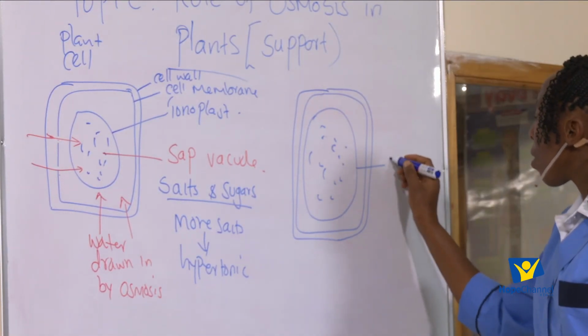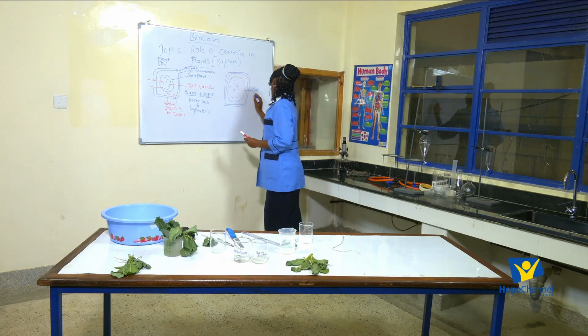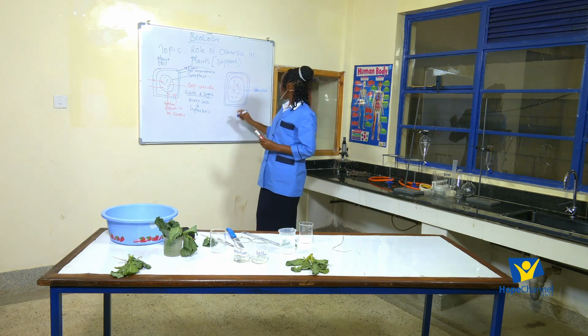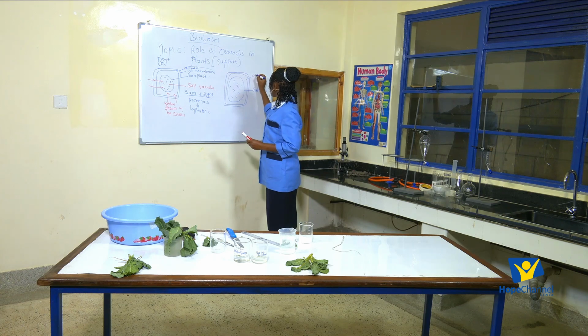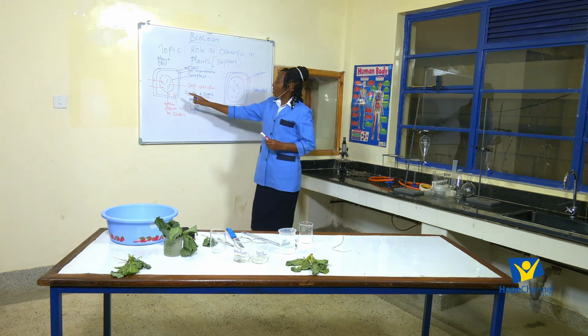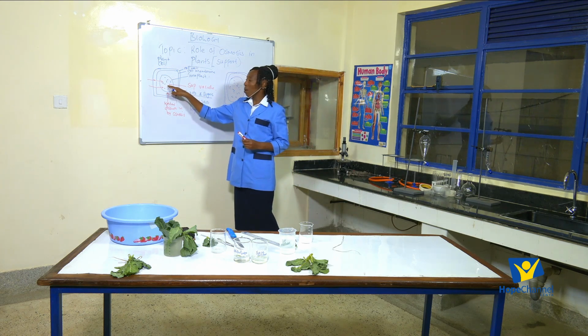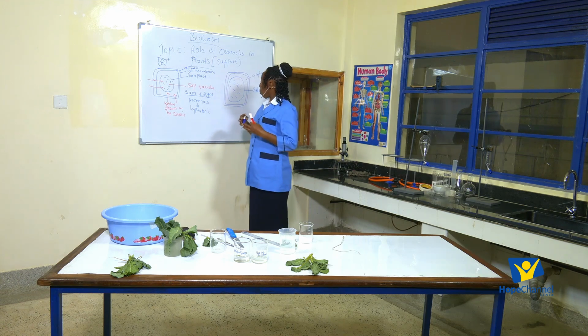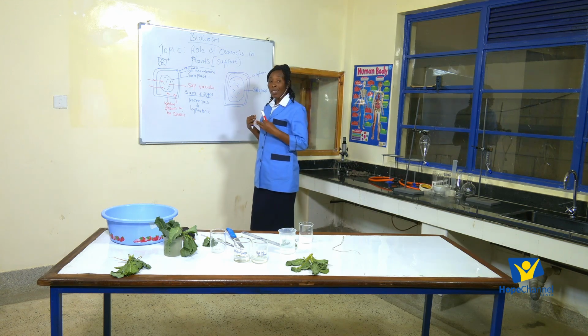This is what we call the tonoplast. So here where we have the tonoplast, here we have the cytoplasm. Now what happens as the content inside the sap vacuole increases, it creates a pressure that we call turgor pressure.